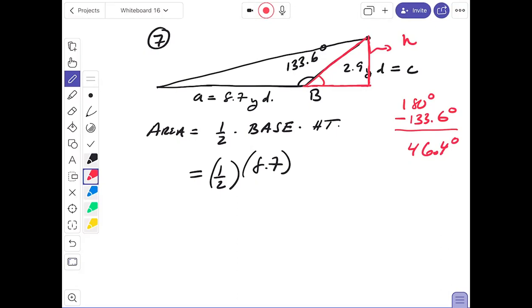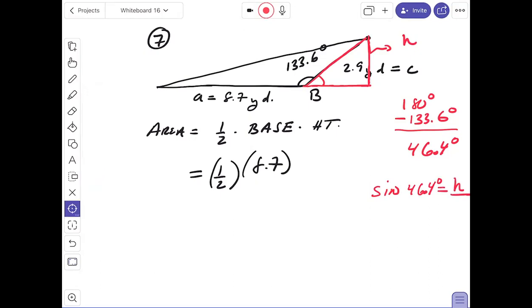So the sine of 46.4 degrees is going to be the height over this thing. What's this thing? It's 2.9. So I think I know what H is. I'll write this down for you.